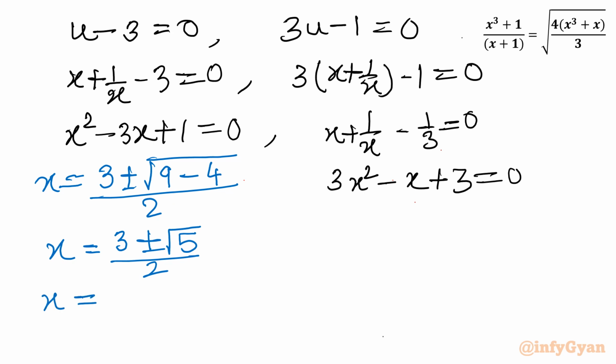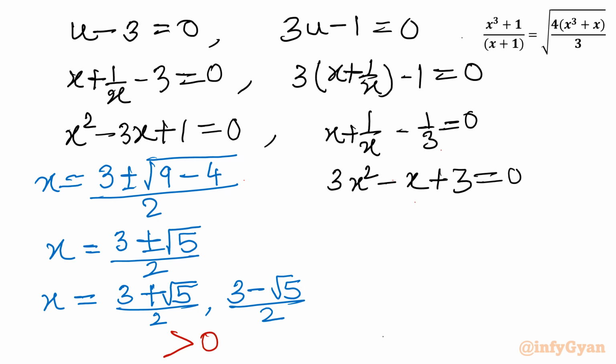I can split two solutions, one with plus sign, so 3 plus root 5 over 2, another with minus sign, 3 minus root 5 over 2. And if you check, both are positive. This is greater than 0, this is also greater than 0, as root 5 is equal to 2.236. Now both are positive.